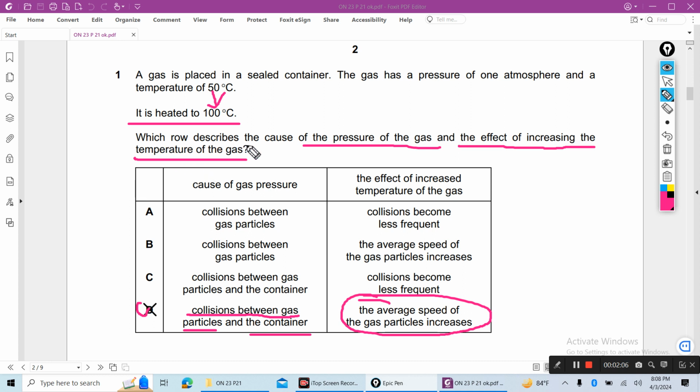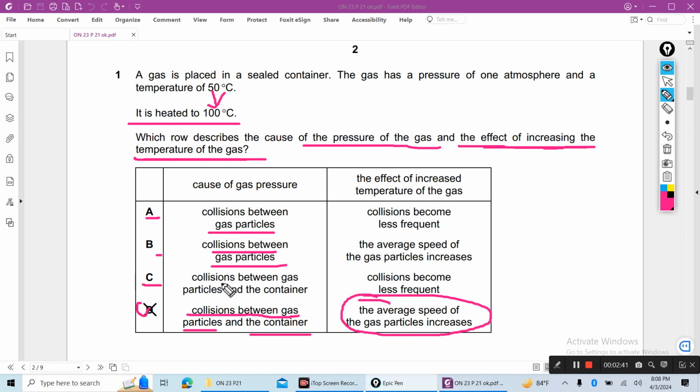Which row describes the cause of the pressure of the gas? Collisions between gas particles and the container, and the effect of increasing the temperature is that the average speed of the gas particles increases. So A is wrong. Why? Collision between gas particles, not only gas particles and container. B, collision between gas particles and with container, is wrong.